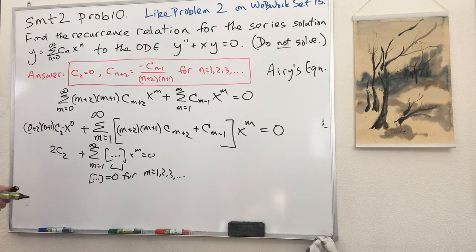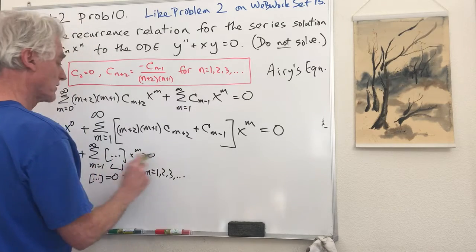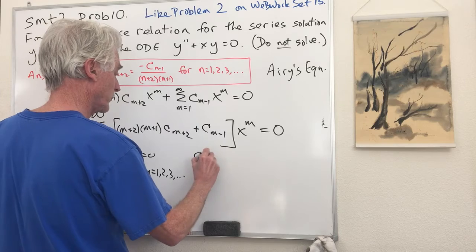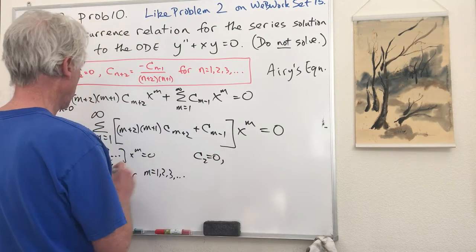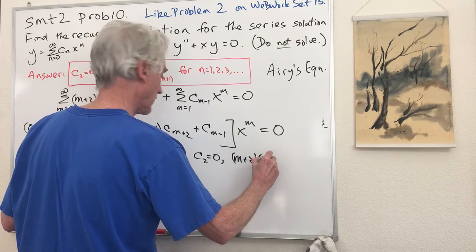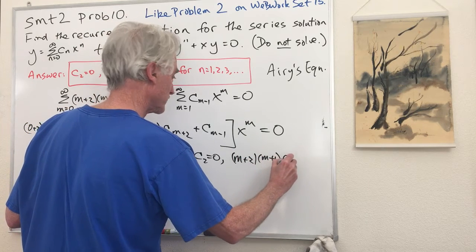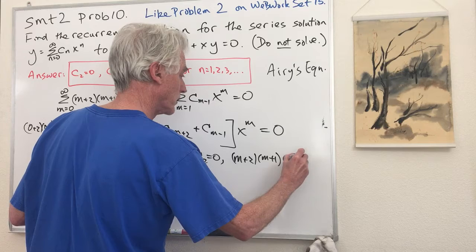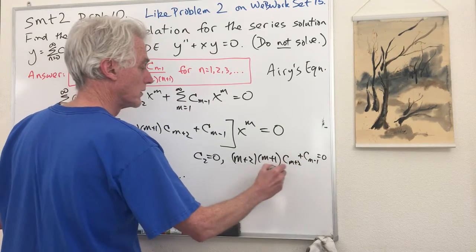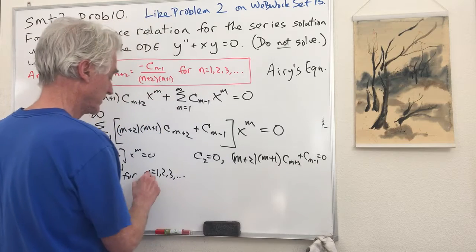Remember, that's got to be 0. So what they combined give is that c2 is 0, the constant term, and m plus 2, m plus 1, c sub m plus 2 plus c sub m minus 1 equals 0 for these m's.